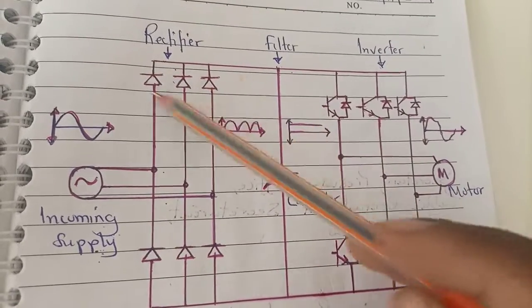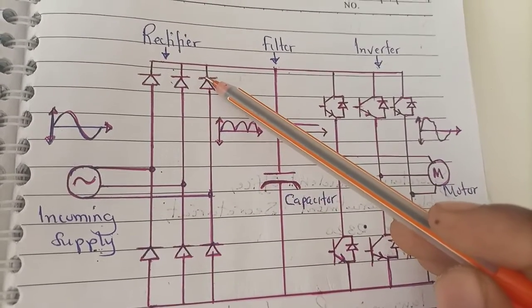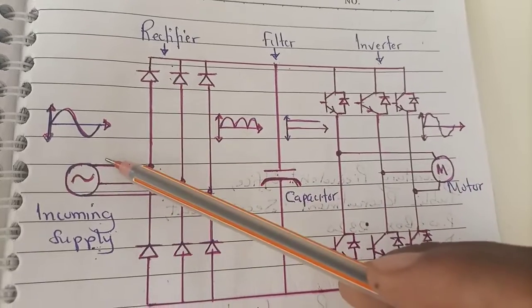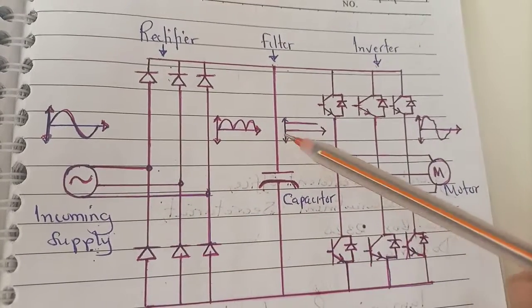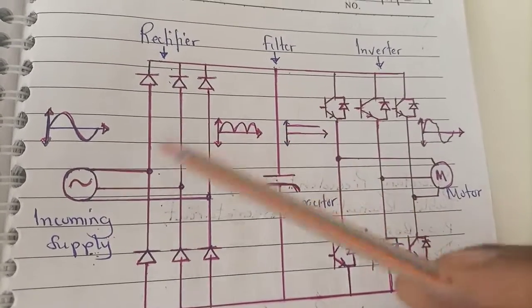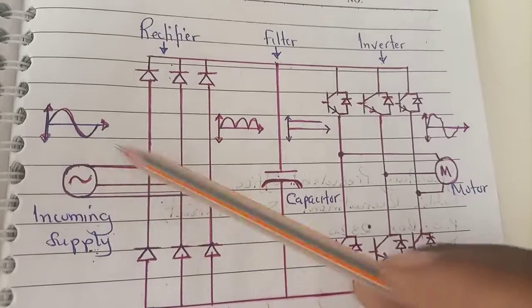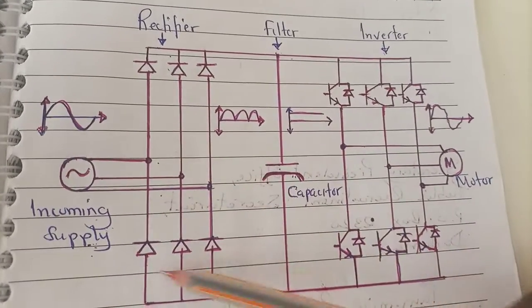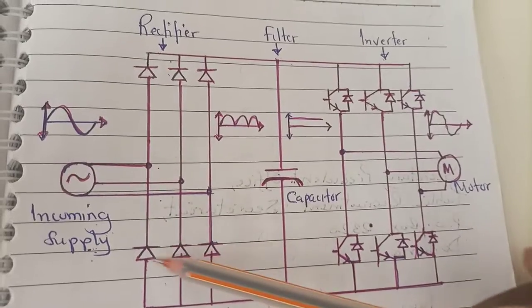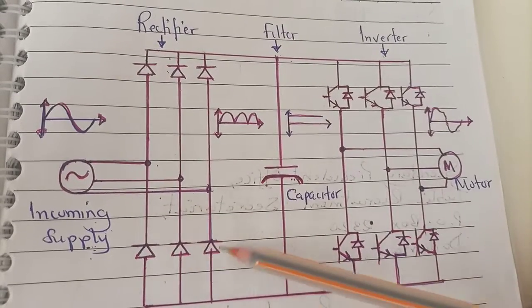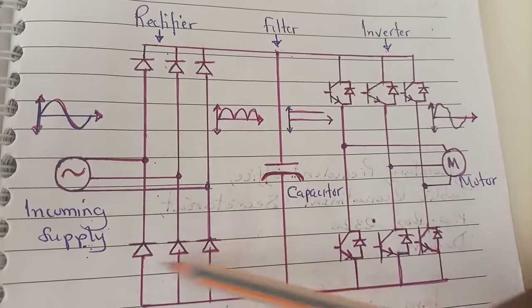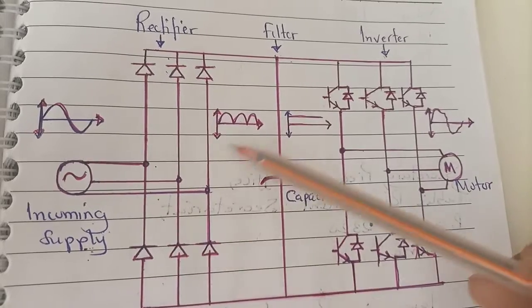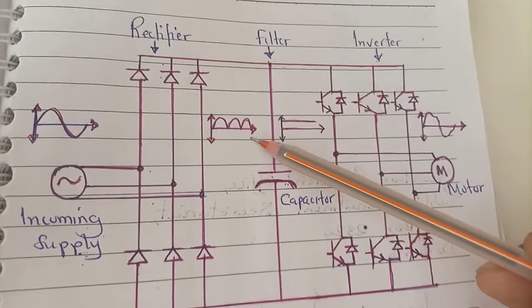They act as a diode and take the incoming AC power and change it to DC. So here we feed our AC power, and these rectifiers act like diodes to change this incoming AC supply into DC power.